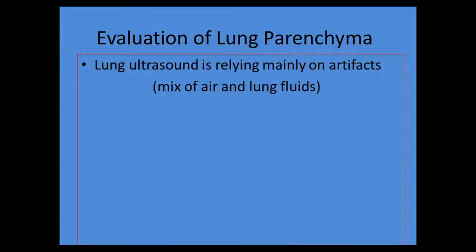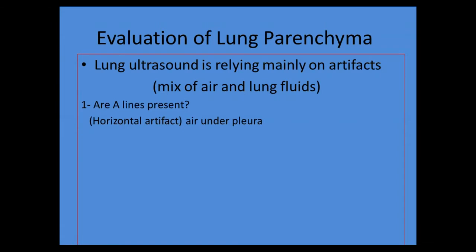Assessment of lung ultrasound. So as we mentioned before, we are relying on artifacts, and we have two main types of artifacts: horizontal artifact or A-line artifact, or longitudinal artifact, which is B-line artifacts. And based on which one is more dominant, we can get an idea about the lung inflation or presence of fluid in the lung.